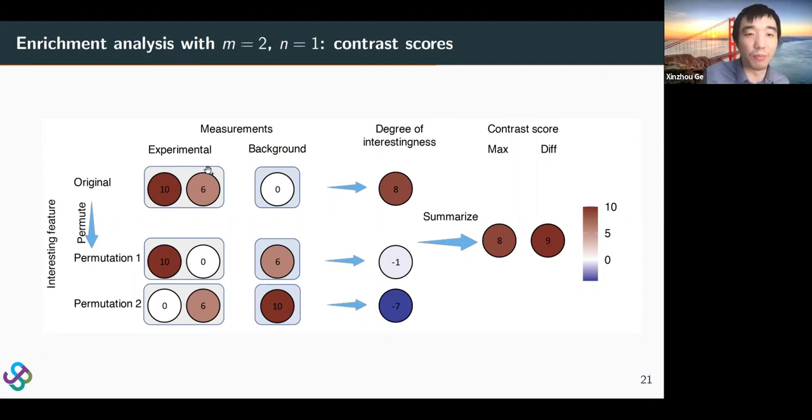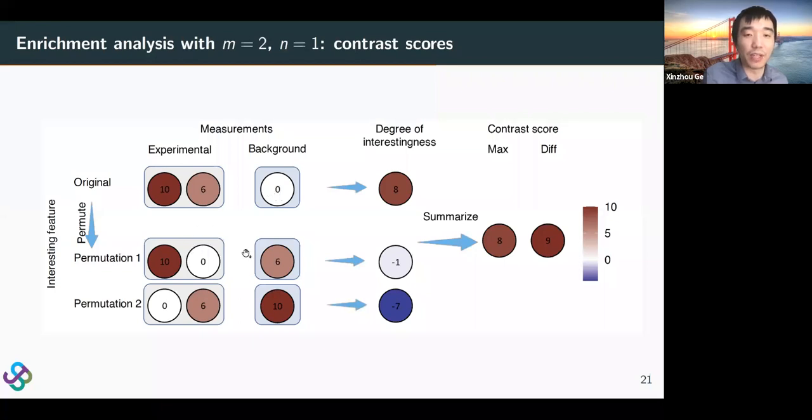So the permutation means that we permute the three values. We change the order of the three values, but we still keep the first two as the experimental condition and the last one as the background condition. If we look at the original feature, it is interesting because the values in the experimental condition are much larger than the background condition.